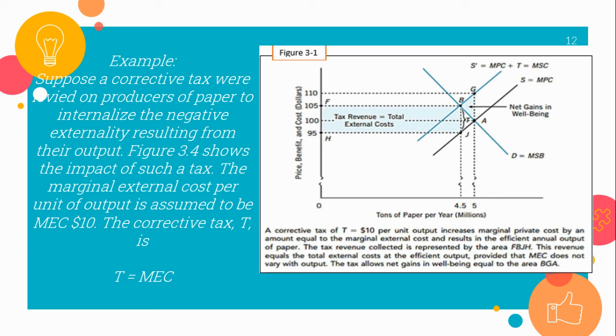So in summary, the corrective tax causes the following results. One, an increase in the price of paper and a reduction in the quantity demanded to the efficient level where the marginal social cost equals the marginal social benefit of paper.